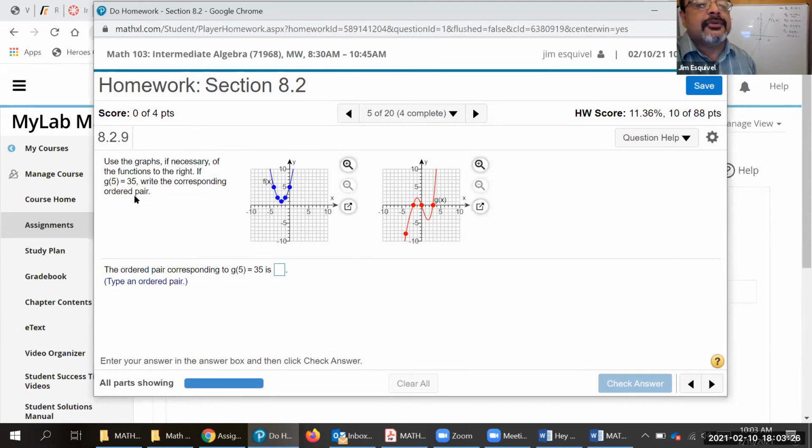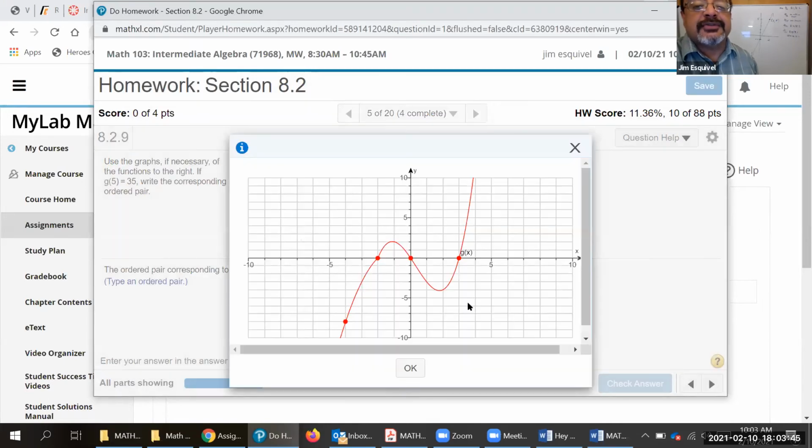And then we do the same thing, use the graphs, if necessary, of the functions to the right. If g of 5 is 35, write the corresponding ordered pair. So now we're doing the g function, but we just want the ordered pair for g of 5 equals 35. Over here, when x is 5, this picture only goes up to 10.